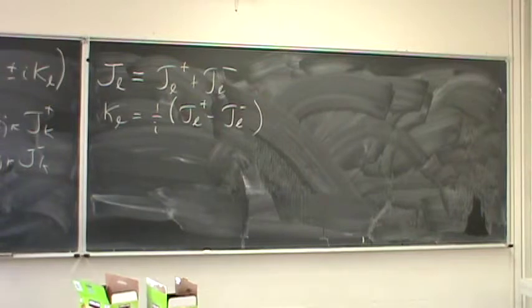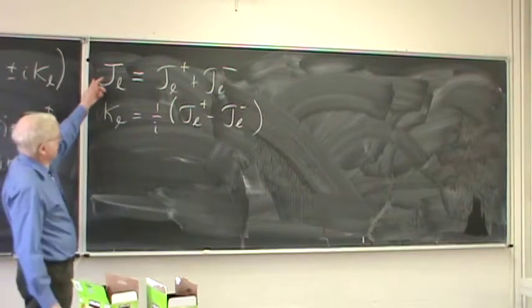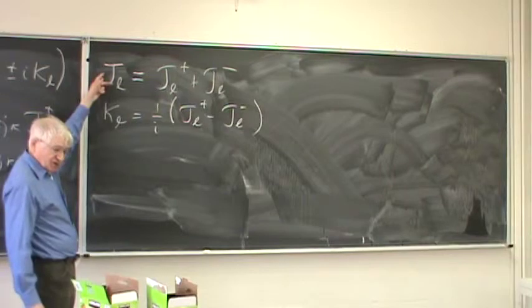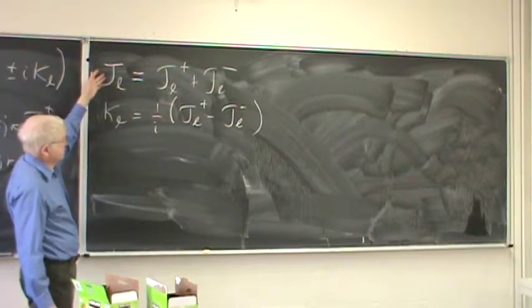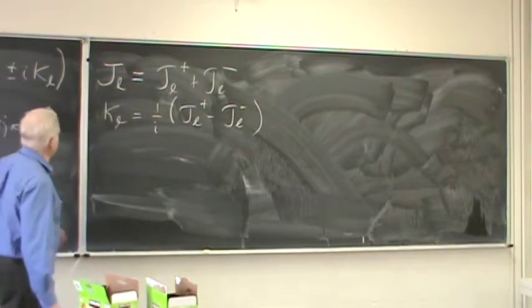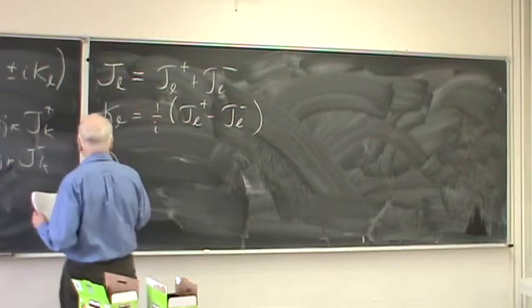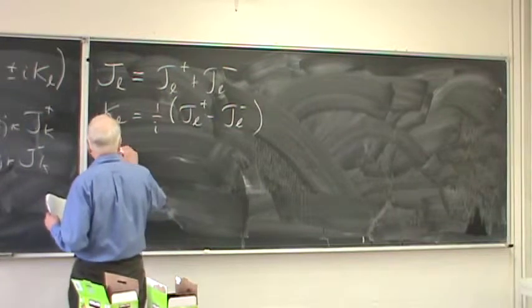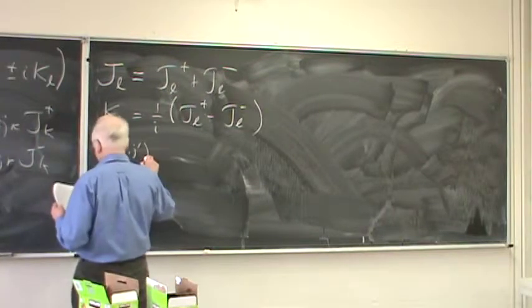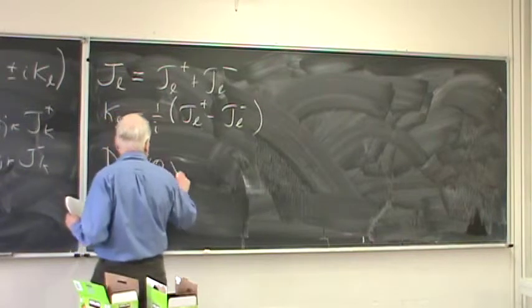All right, so these are then the original generators of the Lorentz group: these Hermitian generators and these anti-Hermitian generators. So the general Lorentz transformation then is D(theta, lambda).